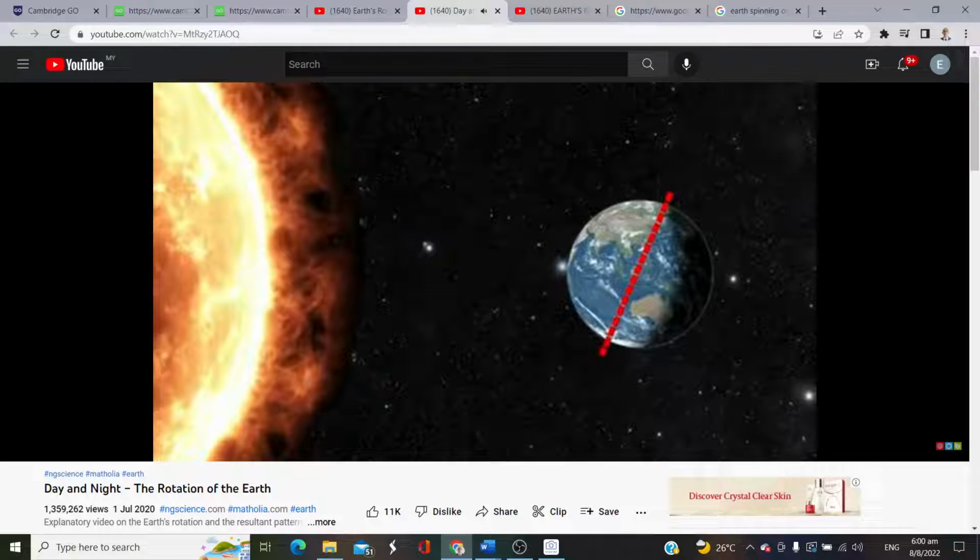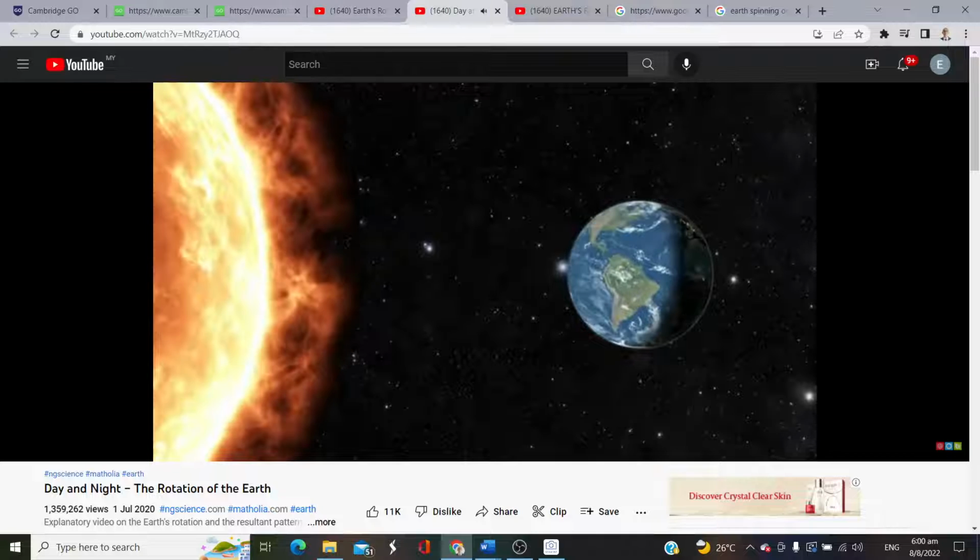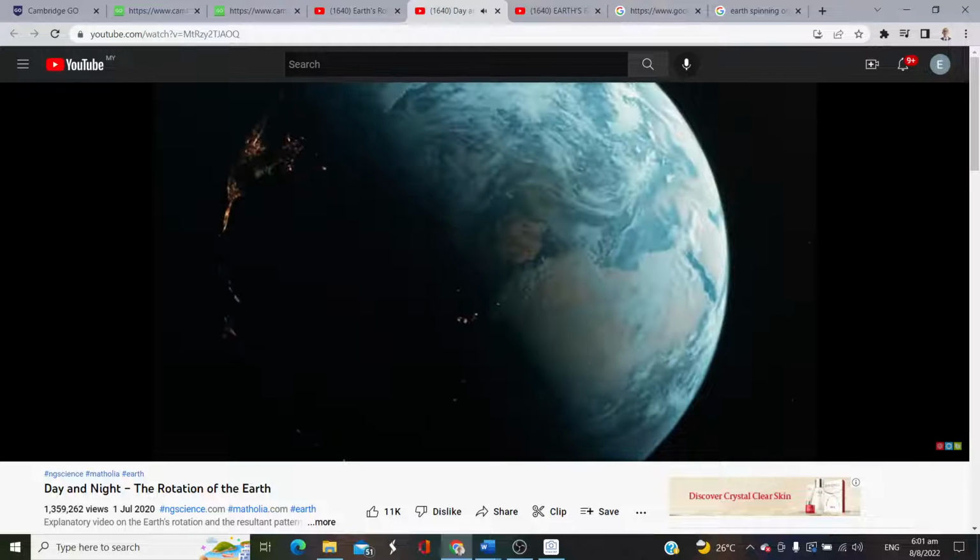As it rotates, part of the Earth is facing the Sun. This part of the Earth is lit up and experiences daytime. At the same time, the opposite side of the Earth is facing away from the Sun.